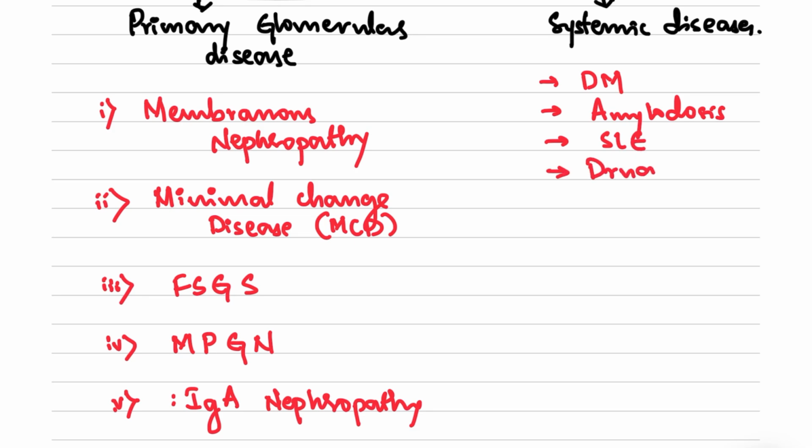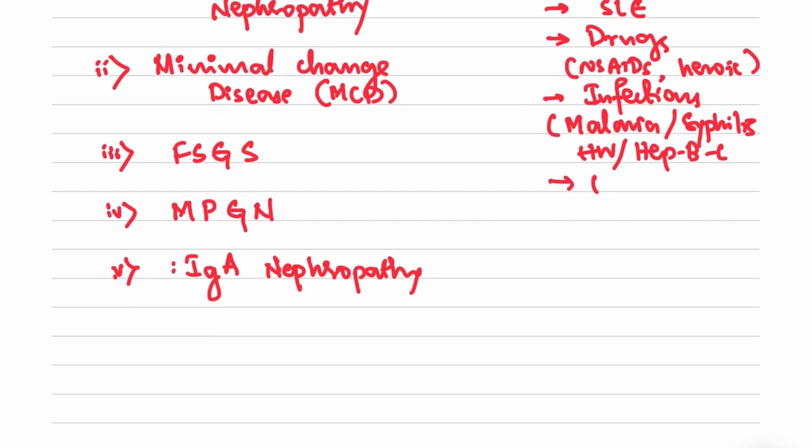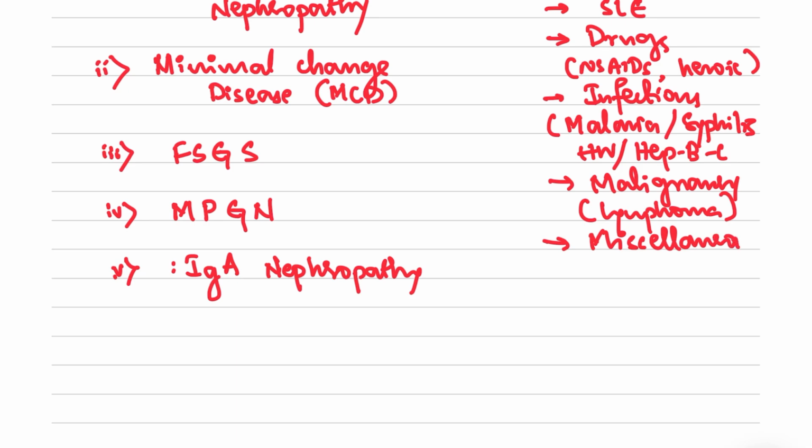It can also be drug induced, such as NSAIDs, heroin, etc. It can also occur in the background of infections such as malaria, syphilis, HIV, Hep B, Hep C. Then it can occur in the background of malignancies such as lymphoma, and also some miscellaneous conditions, so it could be hereditary nephritis.